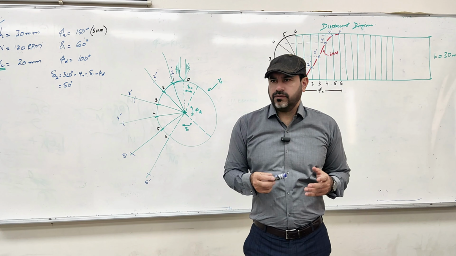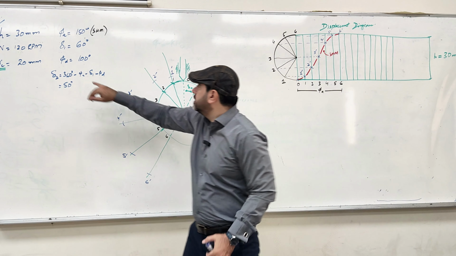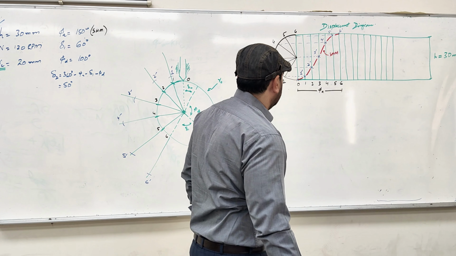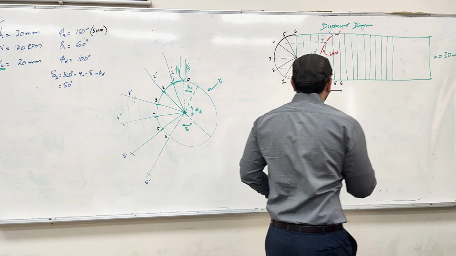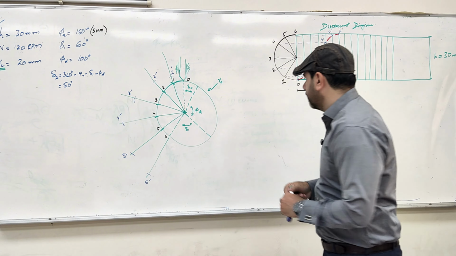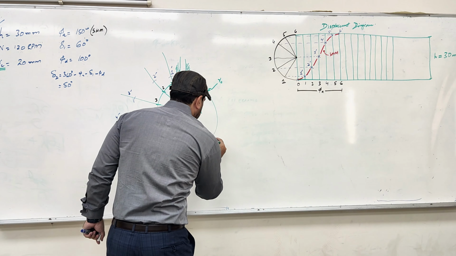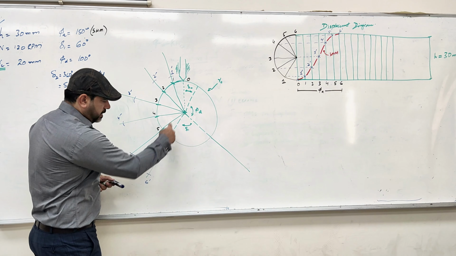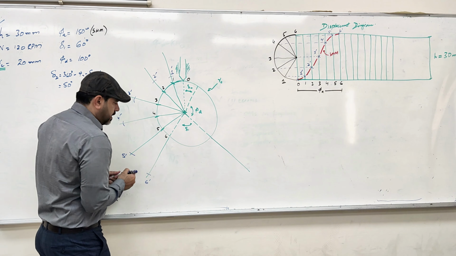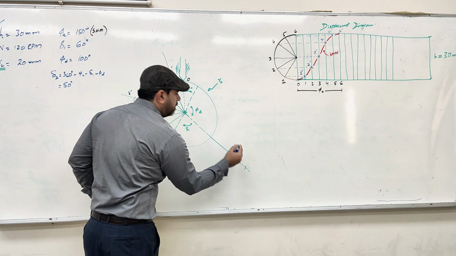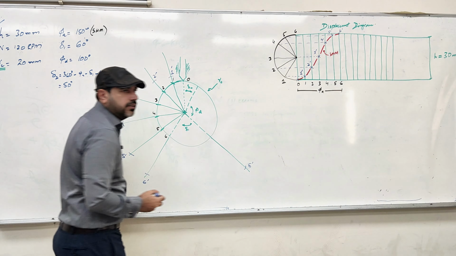So what we need to do now, we go to the next level. What is that next level? It is dwell. Dwell is 60 degrees. So what happened in the dwell? Basically nothing happened in the dwell. Whatever the radius value over here, 0.6, should be the same radius over here so that the follower will not move at all.